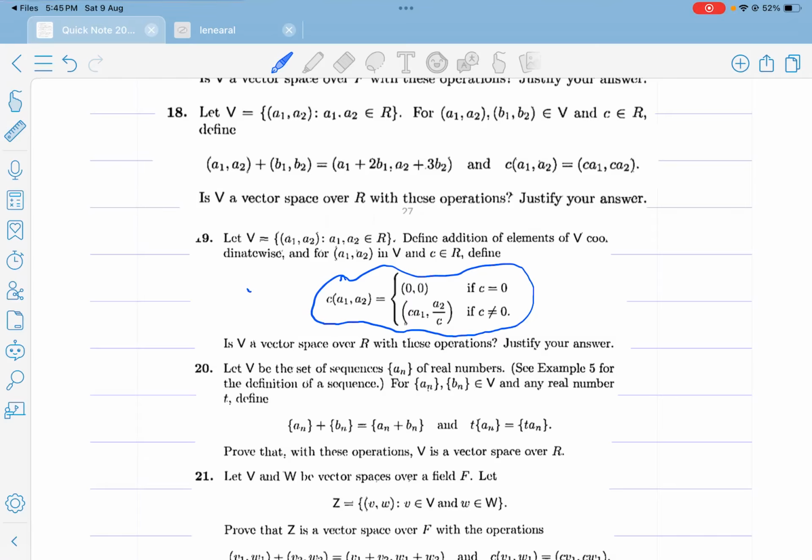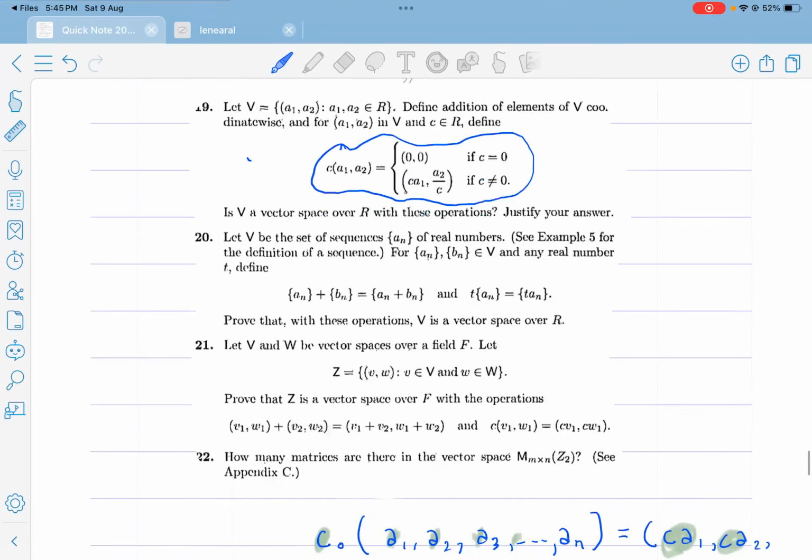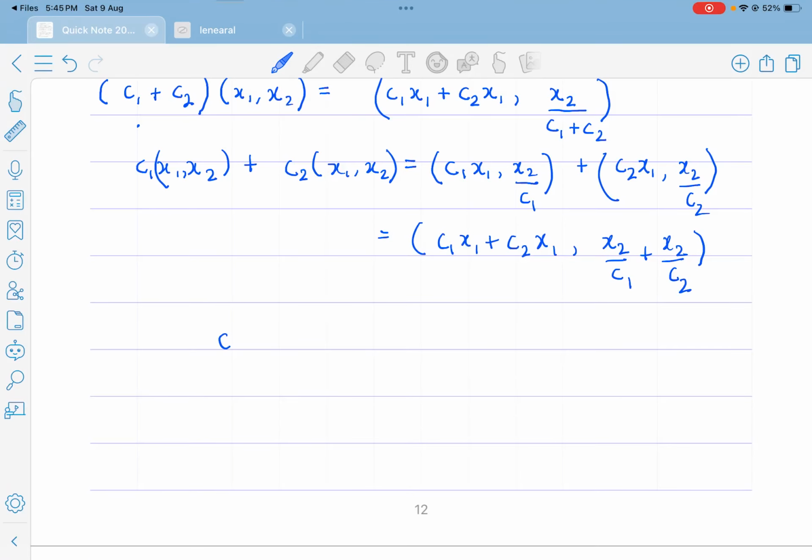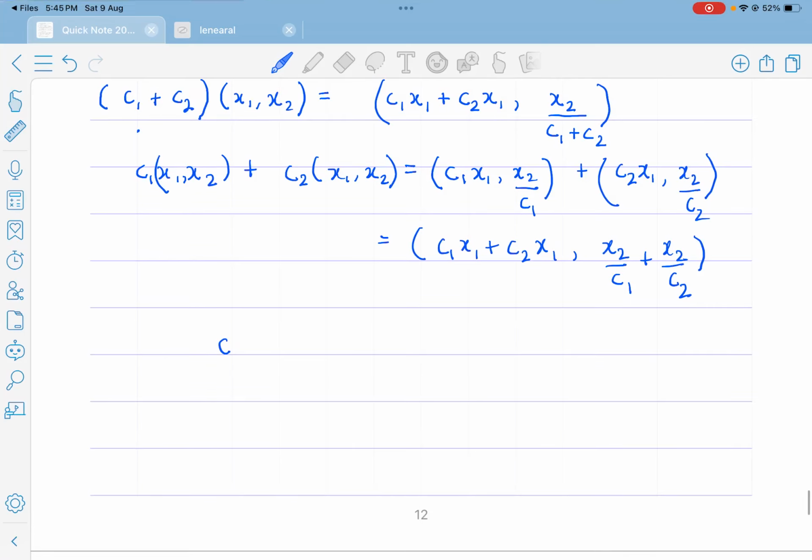We have this property: (C1 plus C2) x is equal to C1x plus C2x, for all C1, C2 belonging to F and x belonging to V.